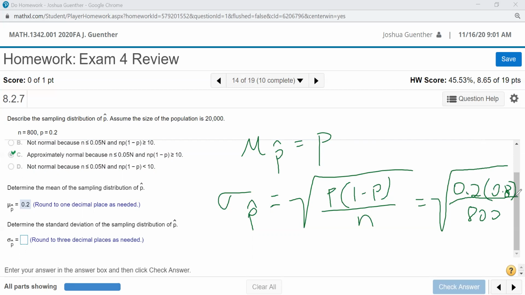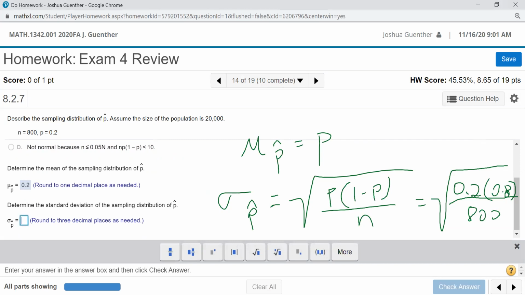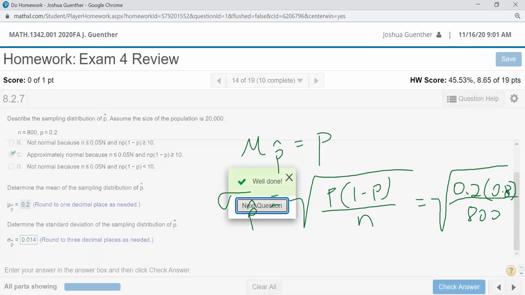And then take the square root of that and round it to 3 decimal places, and you get 0.014.